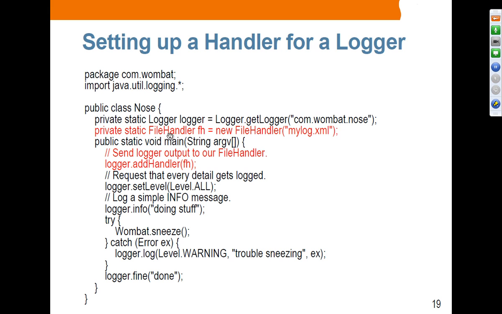So we create a file handler, and then we add this handler to the logger, so the logger will know which handler is supposed to deal with the messages. That's pretty much it, and the rest of the code is the same. Now the logger object will send the log message to the file handler.